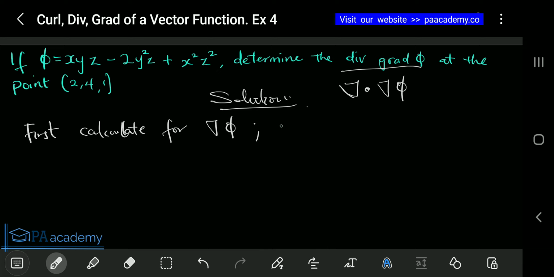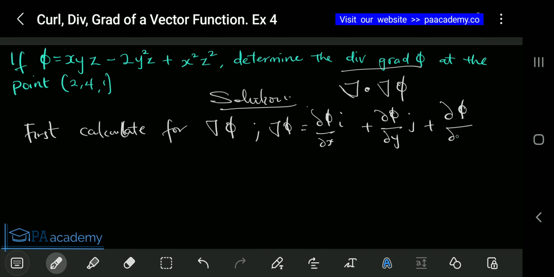If you have been following, we've already established that the formula for grad phi is the partial derivative of phi with respect to x times i, plus the partial derivative of phi with respect to y times j, plus the partial derivative of phi with respect to z times k. So that's the formula there.